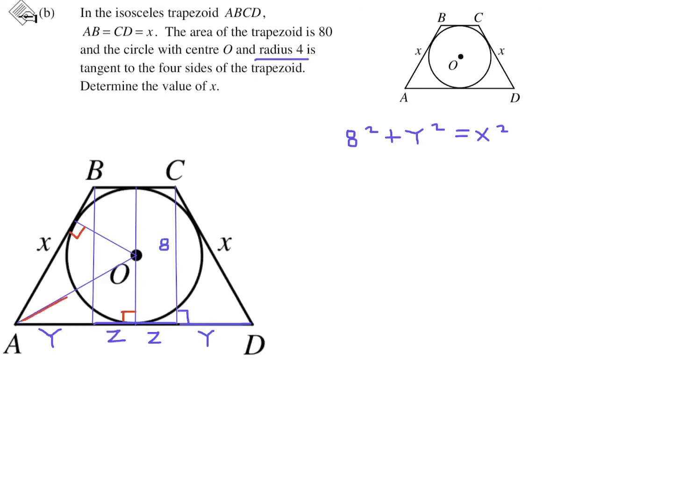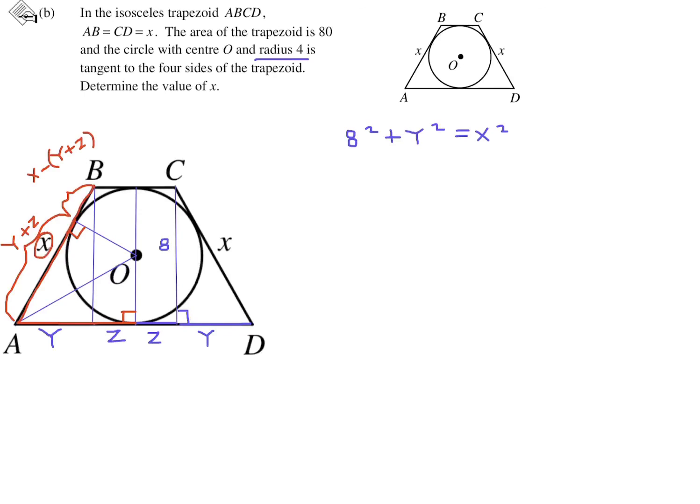And those two triangles, this one right here and this one right here, are pretty much identical triangles. So that means that from here to here is the same as there to there. All right? So that means from there to there is y plus z. So that means from here to here, it has to be x minus y plus z. Right?